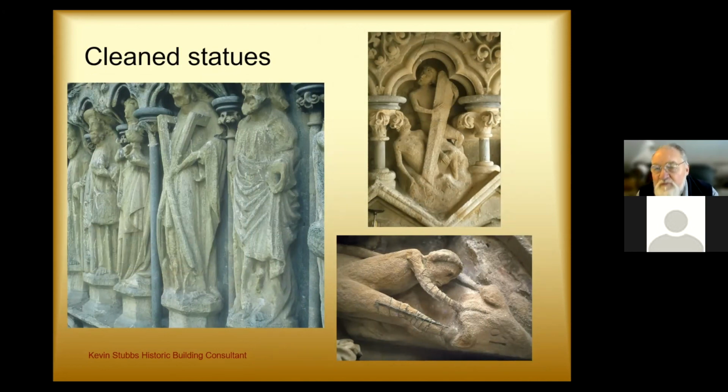And it survived beautifully. Very interestingly, while they were doing that conservation work, they found in some pockets coloured paintwork, suggesting that quite a lot of that facade must have been quite gaudy, with coloured pigments on the statues.